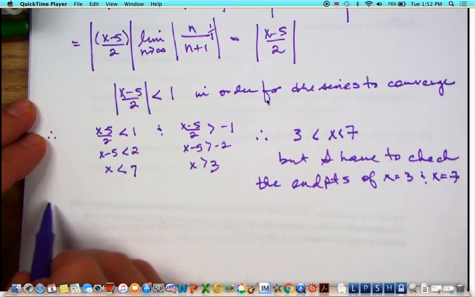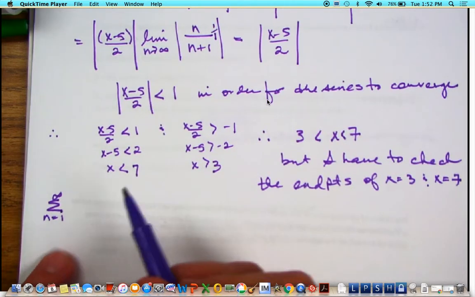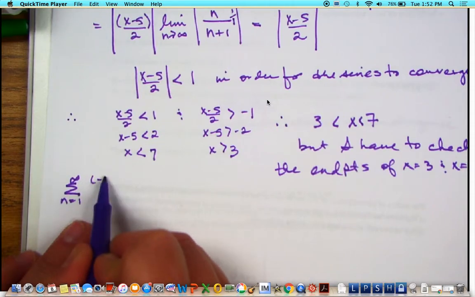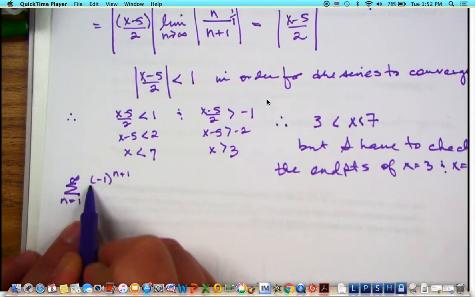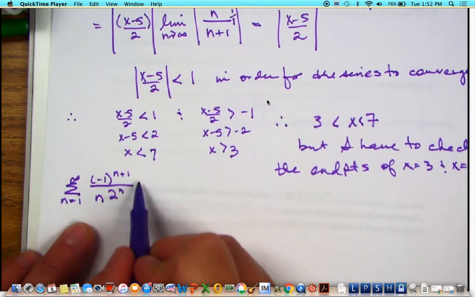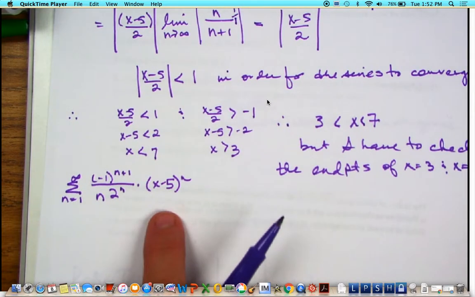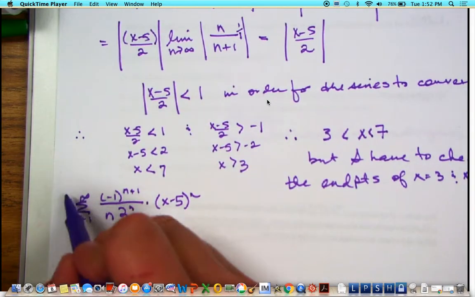All right, so remember, this is your series, right? The series is from n equals 1 to infinity of negative 1 to the n plus 1 over n times 2 to the n times x minus 5 to the n. This is the original series, right?